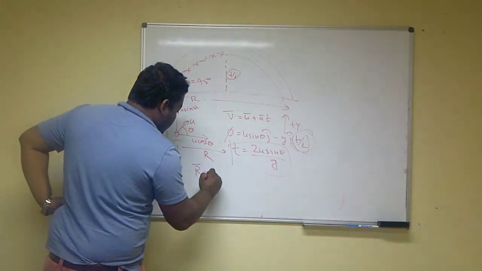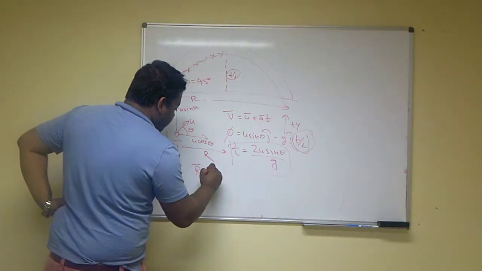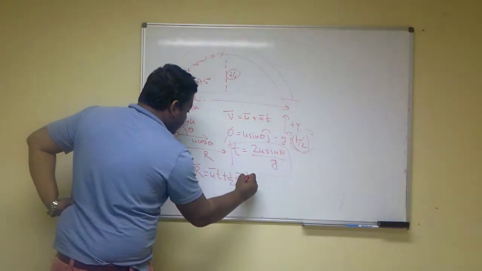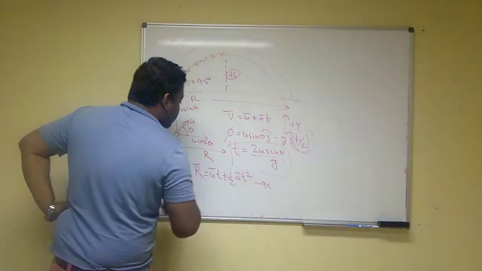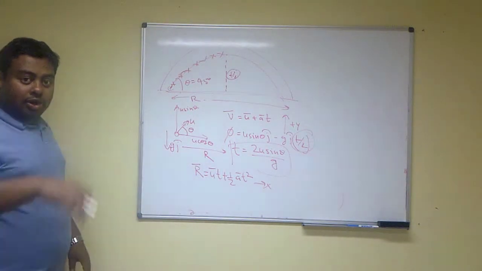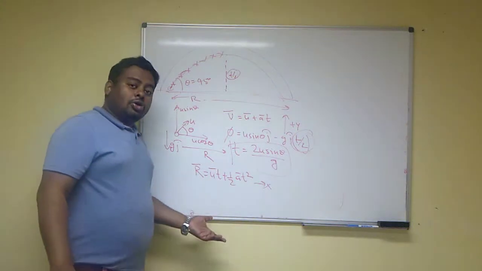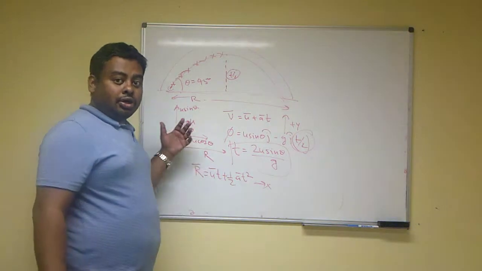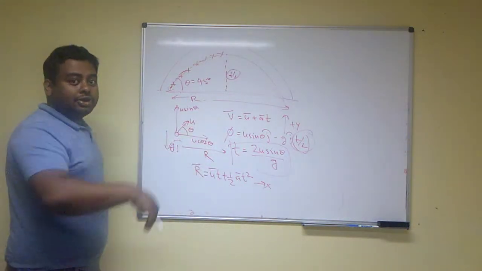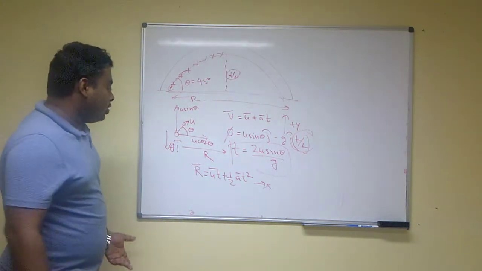In order to do that, we'll have r vector equals u vector times t plus half a vector t square in the horizontal x direction. Now in the horizontal x direction, because it's a simple projectile motion and not at an inclined plane, your acceleration in this direction is 0, right? It's not like minus g j cap is acting and pulling it downward.